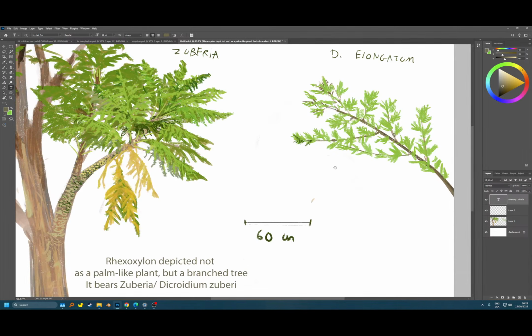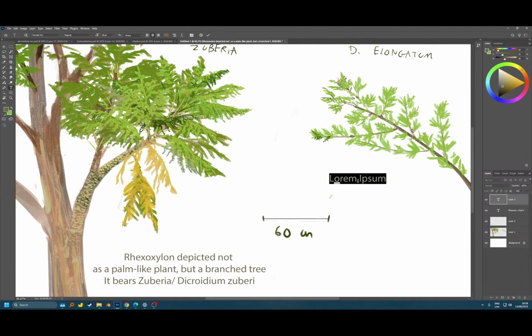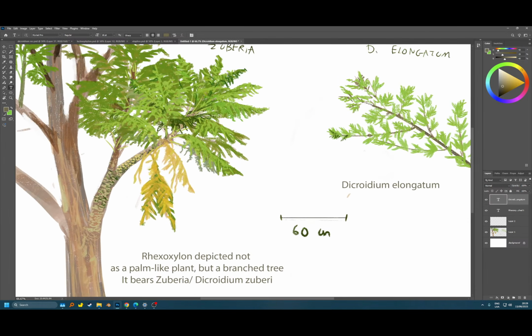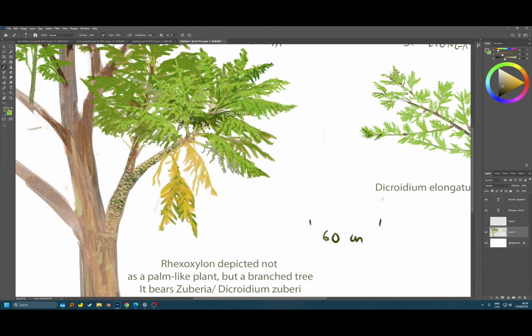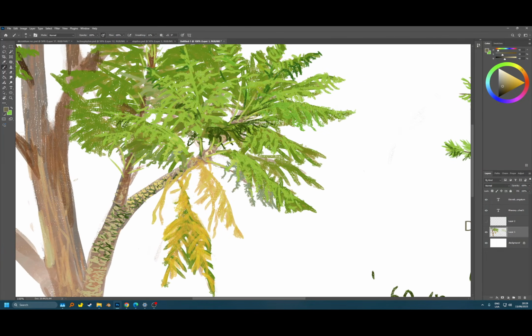Okay, and now in elongatum I need to decrease it. This one's very easy, but the one that is hard to do is this one, the Siberia one.